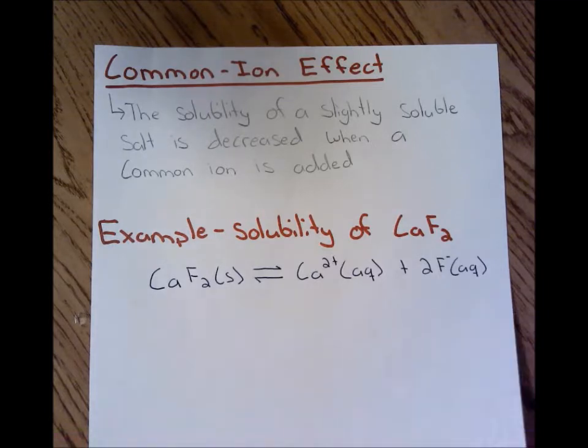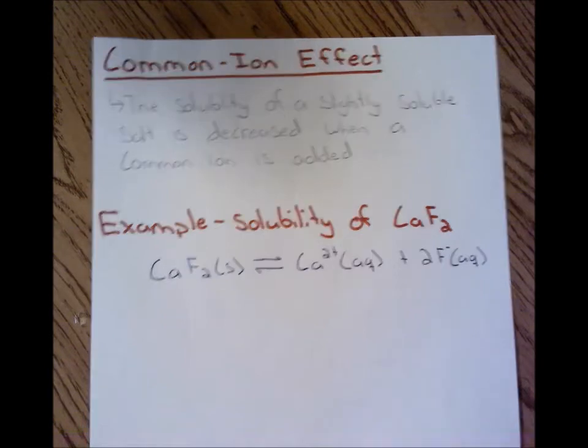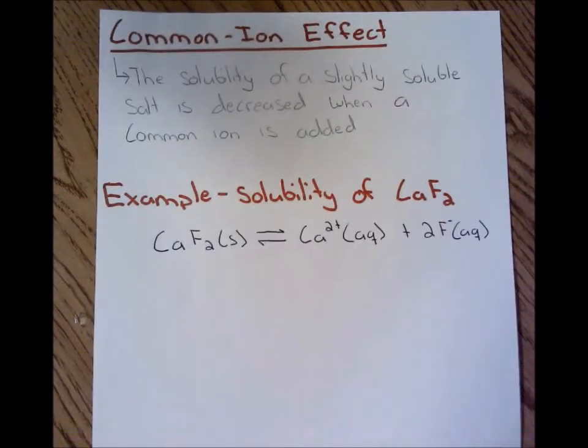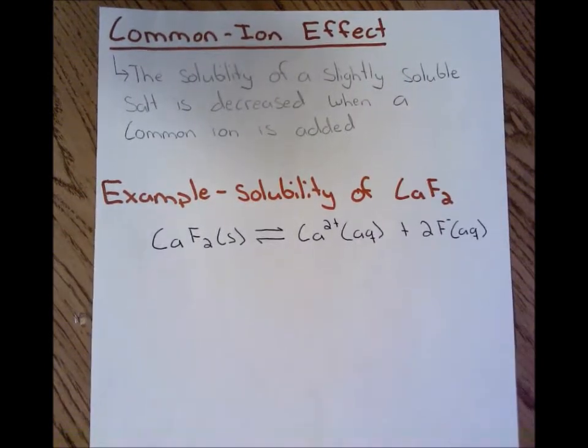So we have calcium fluoride here, which when dissolved breaks down to calcium 2+ ions and 2 F- or fluoride ions. If more F- is added via something like sodium fluoride, the equilibrium shifts to the left to offset the increase of that common ion.